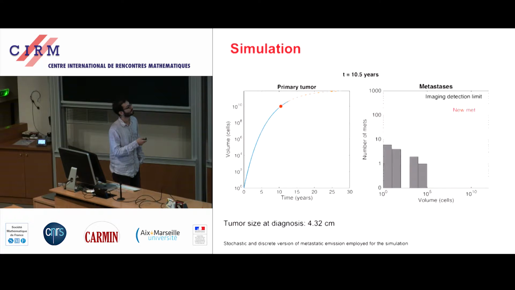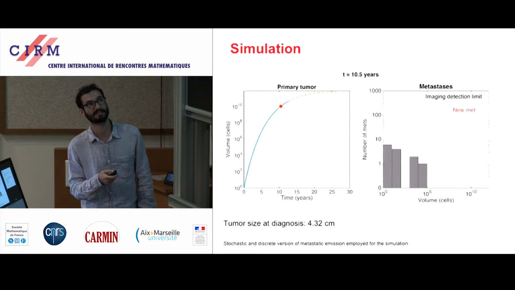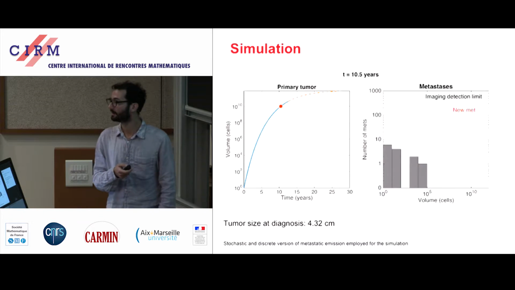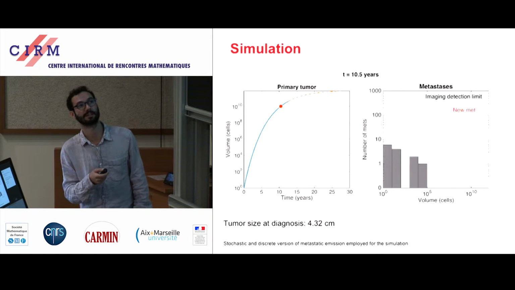Because they start with the size of one cell, and then they grow and become larger, so they go to 10 to the 3 cells, and to the 4 cells, and so on. And at this time of the disease, you have this amount of metastases which are occult, which are below the detection limit of the imaging device.